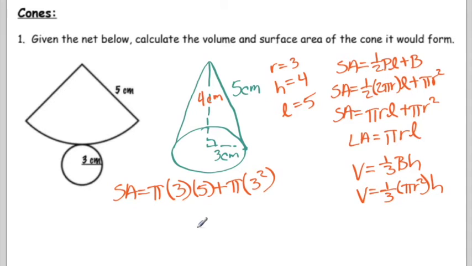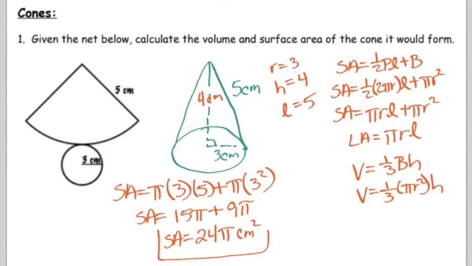We're just going to simplify this. 3 times 5 is 15, and that had pi on it. 3 squared is 9, so that's 9 pi. So our surface area, if we combine these together, since they both have pi, is going to be 24 pi centimeters squared, because it's surface area, and that's area, so it has a squared unit on it.